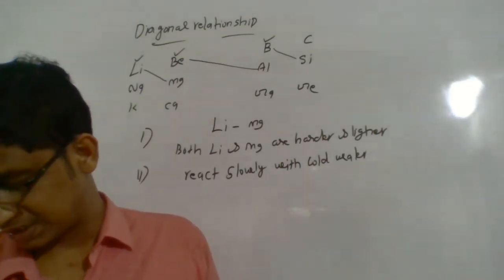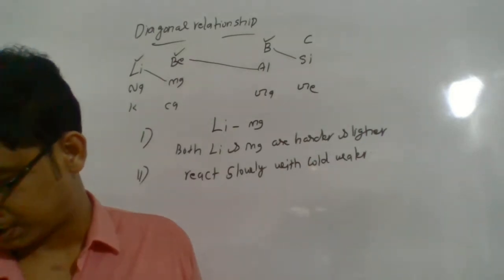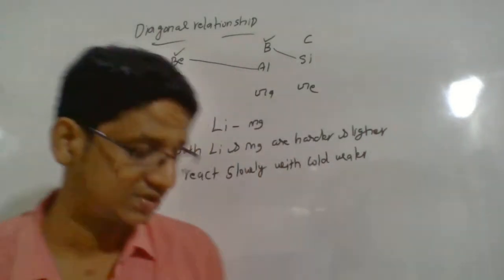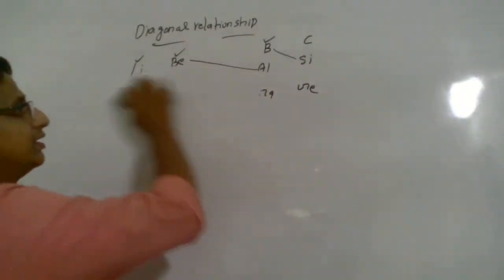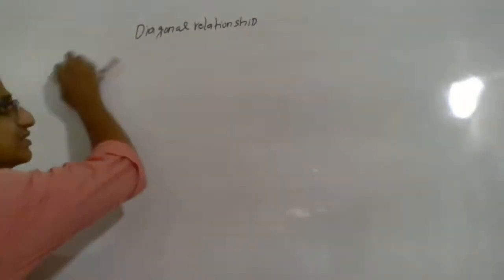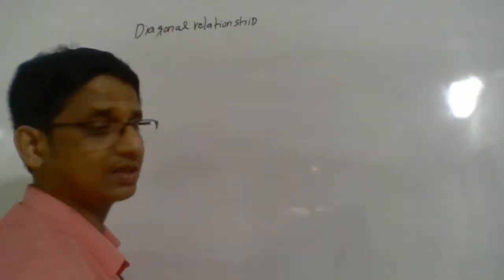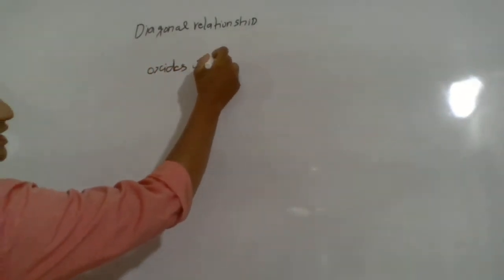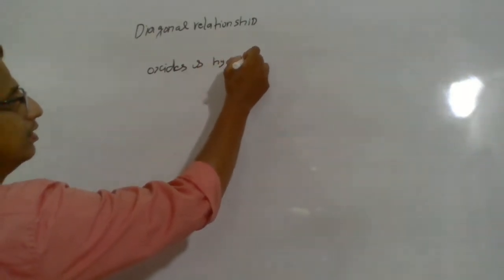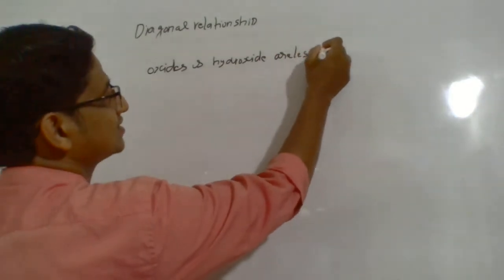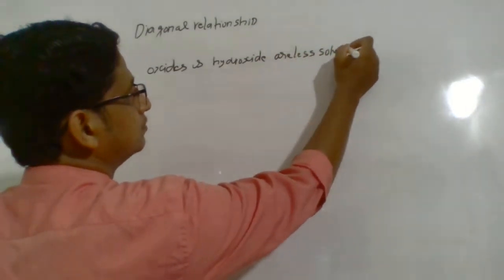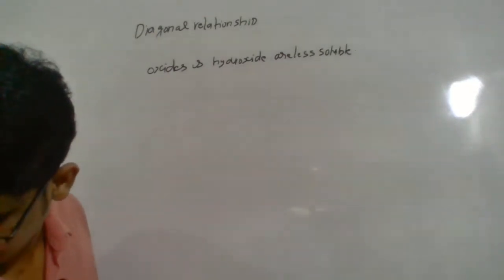Next, their oxides and hydroxides are much less soluble in water, and the hydroxides decompose on heating. That's another property that you can remember. Yes, they are soluble, but less soluble, and they decompose on heating.